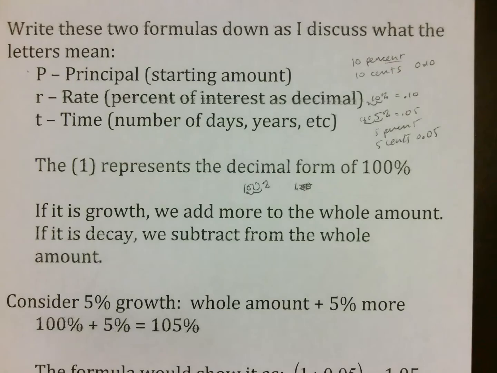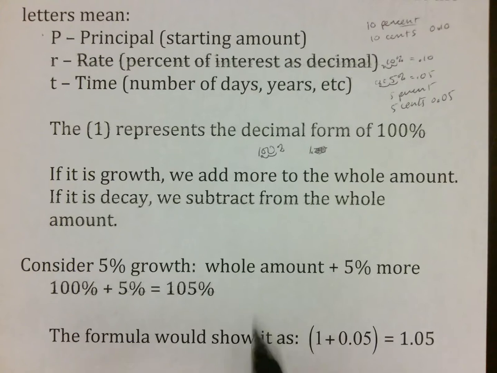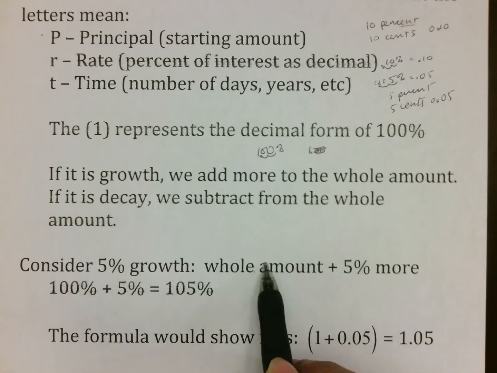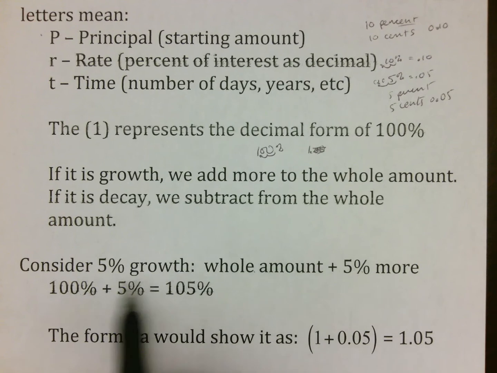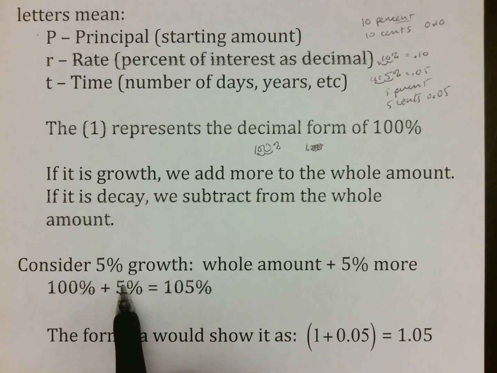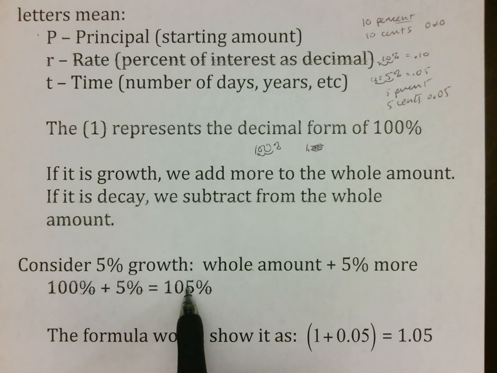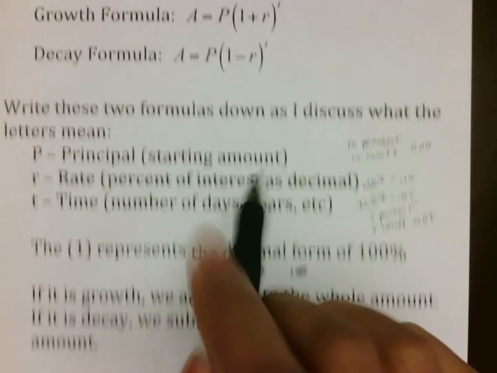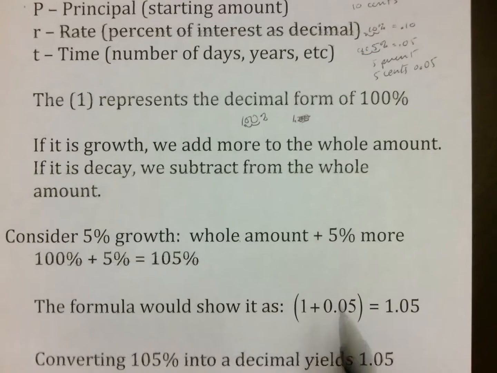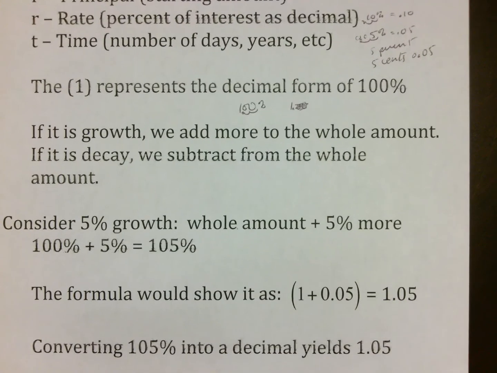If you consider 5% growth, it means we want the whole amount plus 5% more. That would be like saying we want 100%, which is the whole amount, plus 5% more would give us 105%. In that formula that we talked about, it would be 1 plus 0.05, which gives you 1.05.